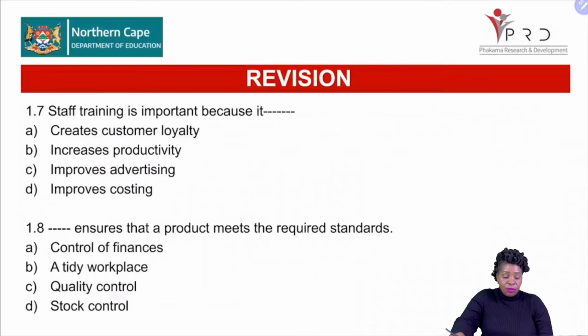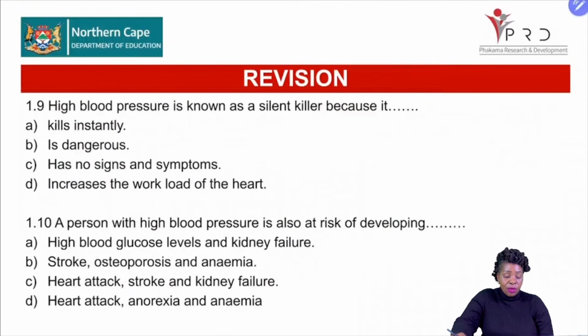Right, let's move on to our question 1.9 says, high blood pressure is known as a silent killer because it A, kills instantly, B, is dangerous, C, has no signs and symptoms, and D, increases the workload of the heart.